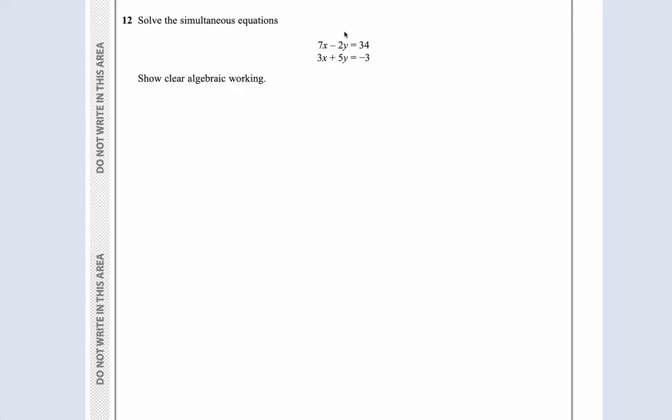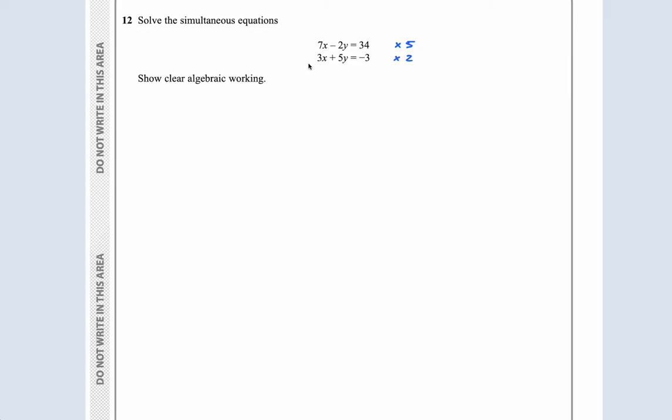Okay, we need to make either the x is the same or the y is the same. I think we should make the y is the same. How will I make them the same? Well, if I multiply this by 5 and this by 2, that will make them the same, because this will become 10y and this will become 10y.